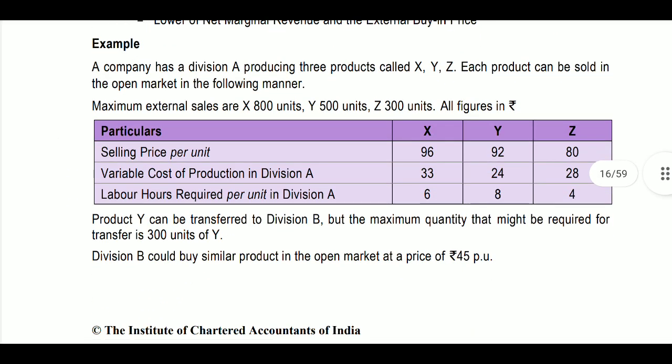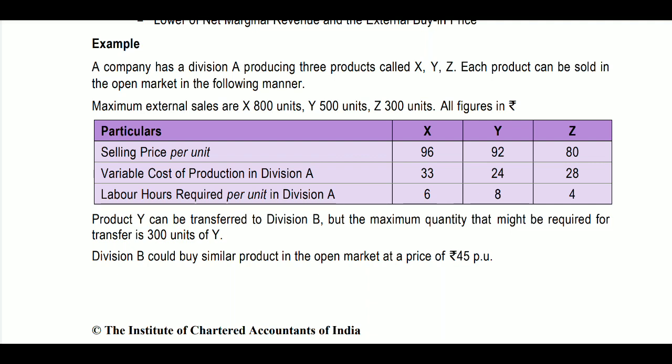Next, what is the example? Company A produces three products: X, Y, Z. The maximum external sales are 800 units, 500 units and 300 units. The selling prices are 96, 92 and 80. Variable costs are 33, 24 and 28.